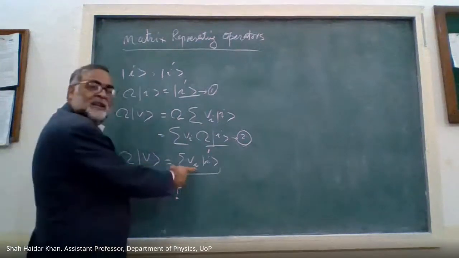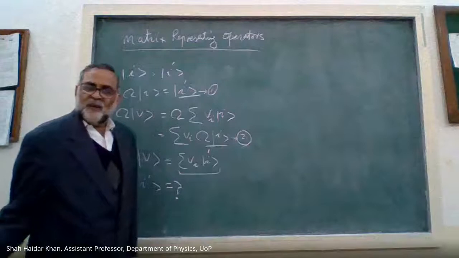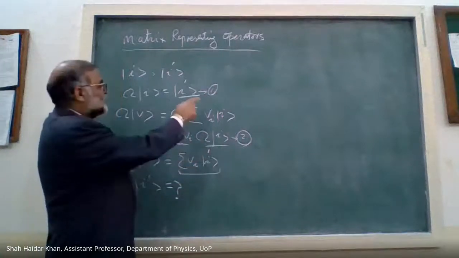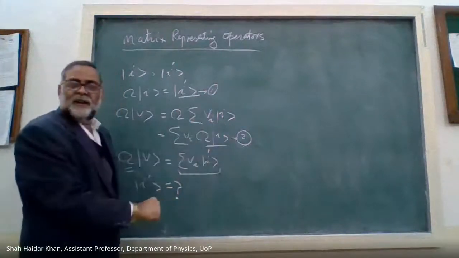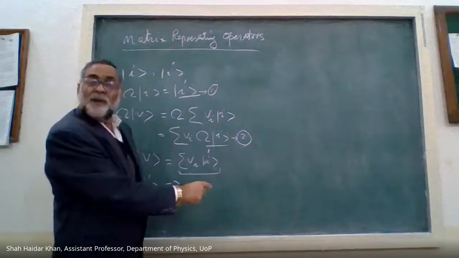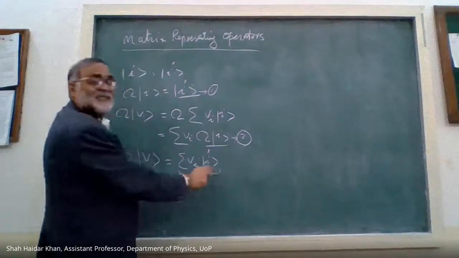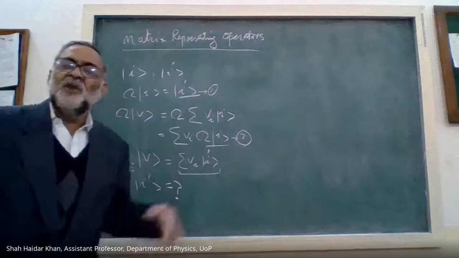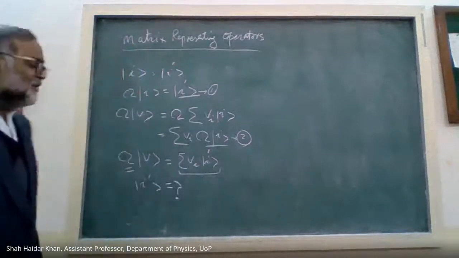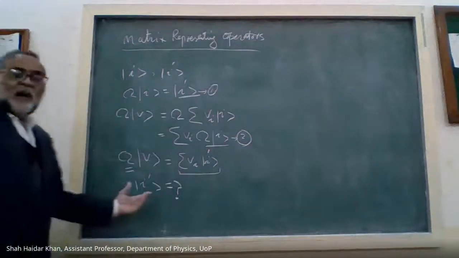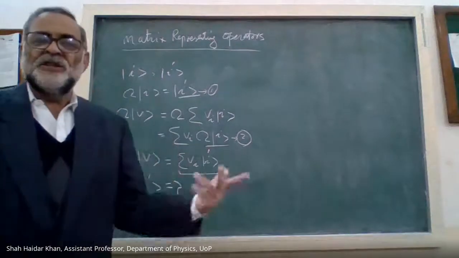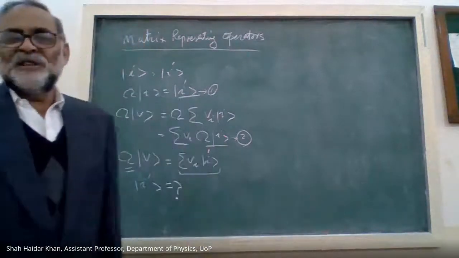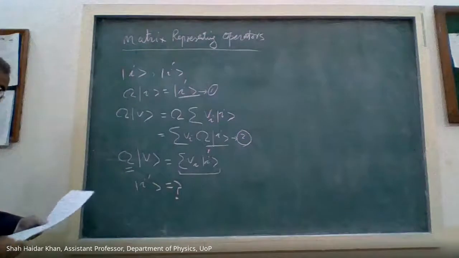So it is equal to whatever the scalar numbers are, which were originally given, and new basis vectors, a new ijk. So we have to find what those new basis vectors are, what those new ijk are.